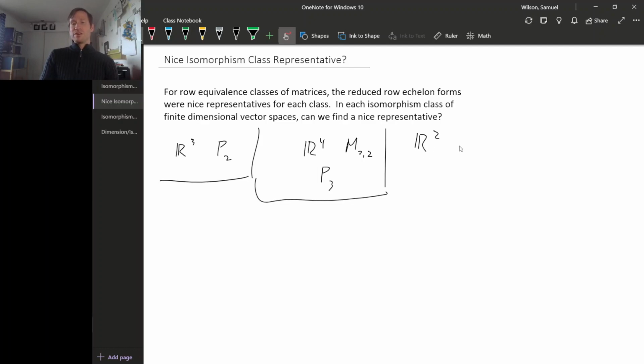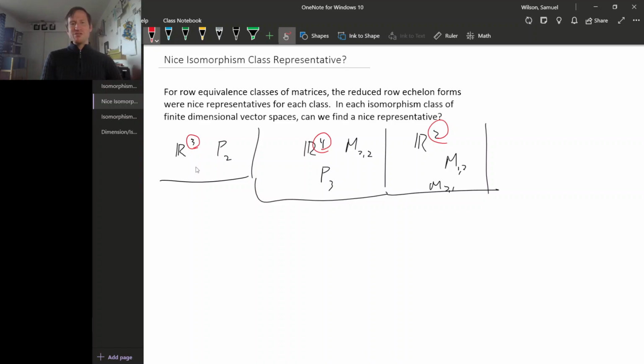R2, for example, is isomorphic to M12, also isomorphic to M21. What we're kind of seeing here is that it looks like in each isomorphism class, there's actually only one Euclidean space, at least in the examples that I've written down. So maybe it's the Euclidean vector spaces that can serve as representatives for each class. But how could we know if that's really right?